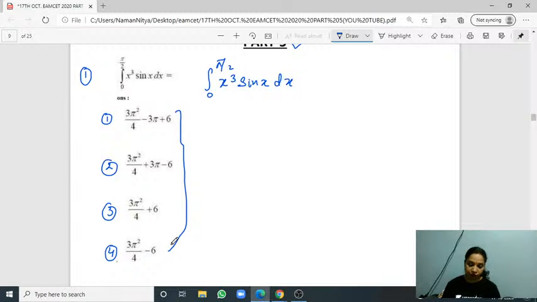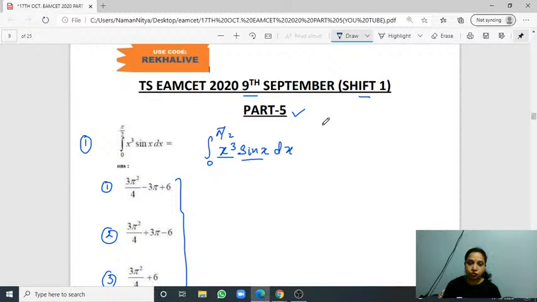Obviously for this kind of question you have to use integration by parts. Today I will explain you a shortcut way to do integration by parts when one of the functions is algebraic and another is trigonometric. So how to choose the first function in case of integration by parts? This is the code ILATE. This will give you the idea which will be your first function.